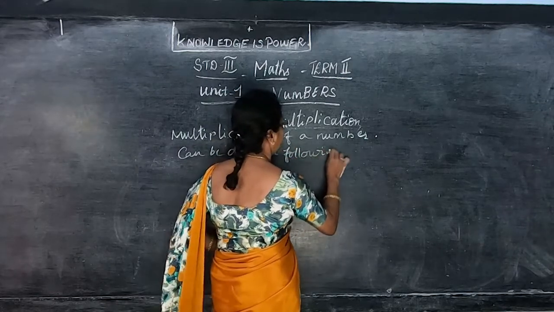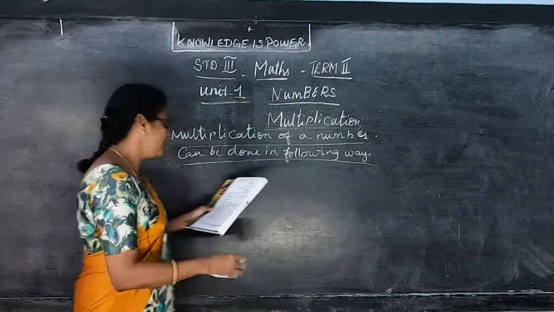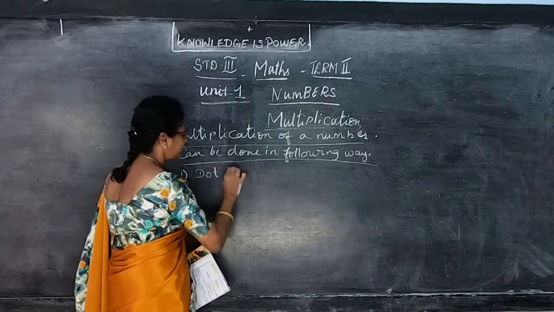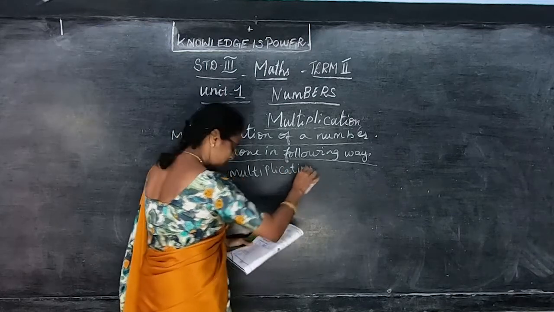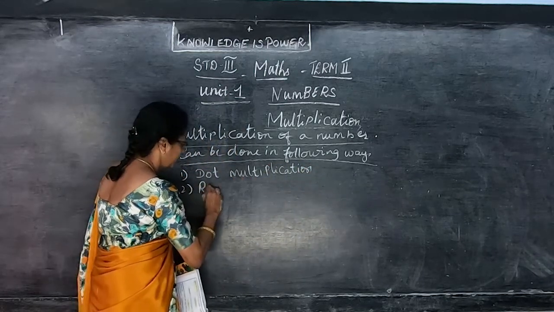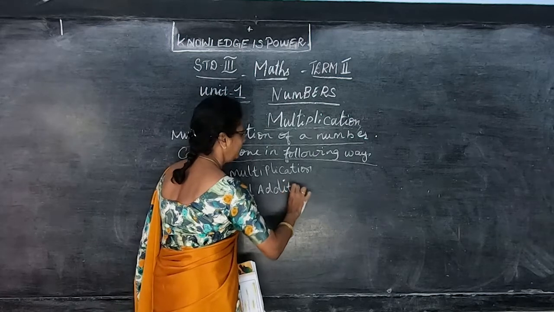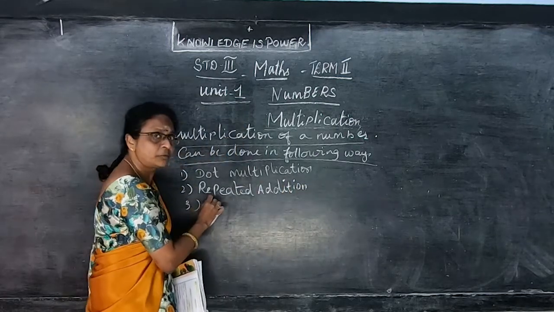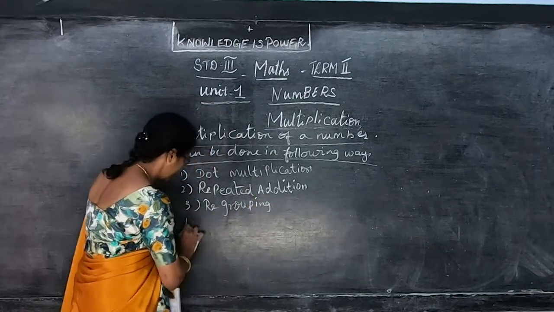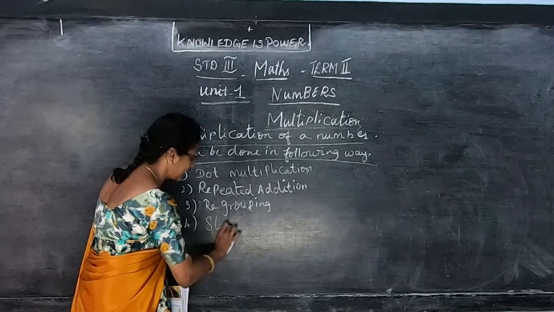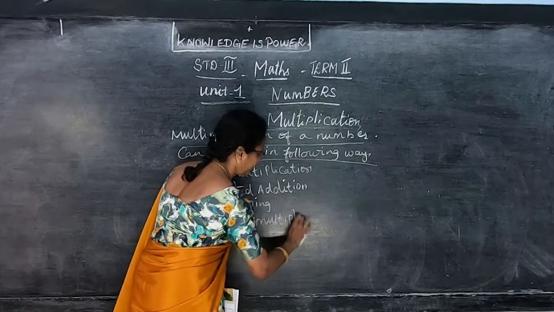First one is dot multiplication, and next one is repeated addition. Then the third one is regrouping. The fourth one is standard multiplication. And the fifth one is lattice multiplication.